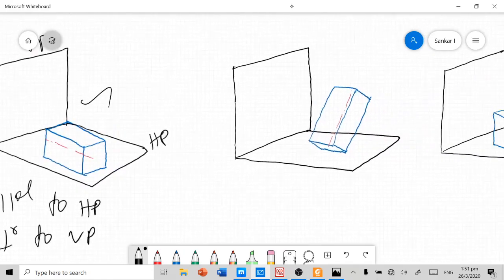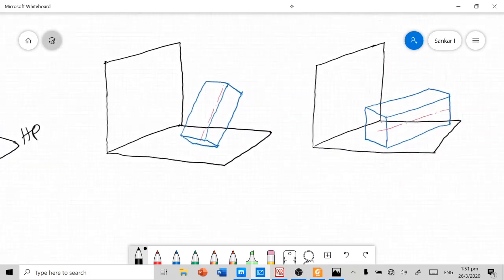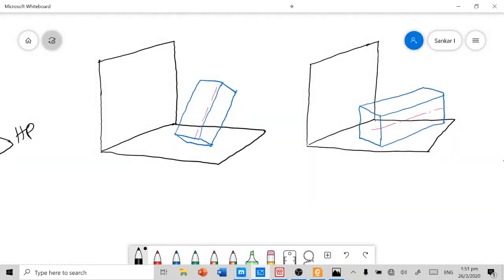And then the next case is solid axis parallel to one plane and inclined to another plane. In specific, in the first one, the solid axis is parallel to VP.